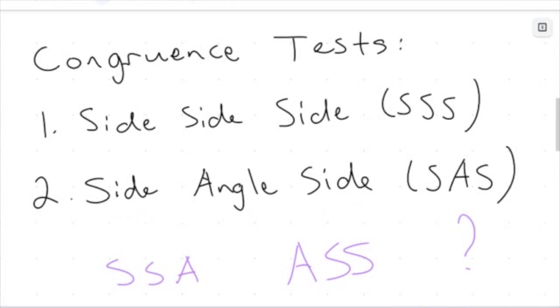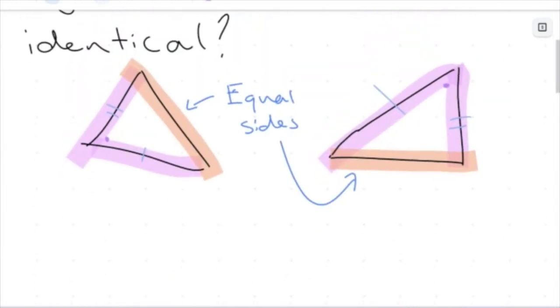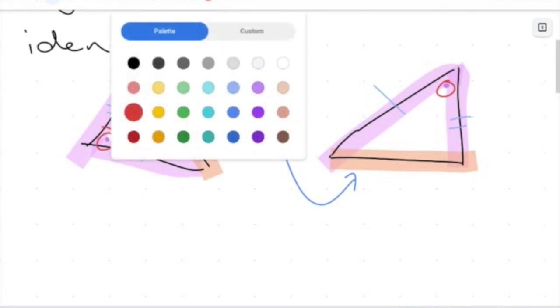So let's go back to our two pictures up here. Notice that the two angles, this one and this one, both of these angles fall in between the two given sides we had.